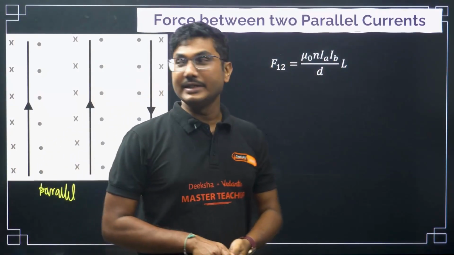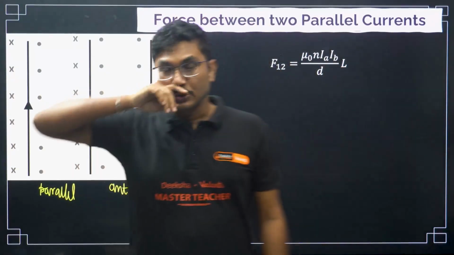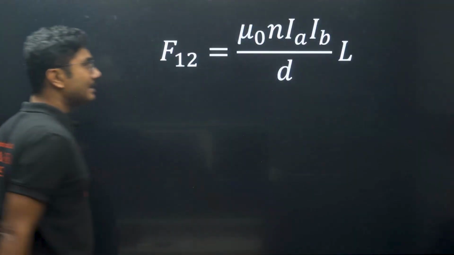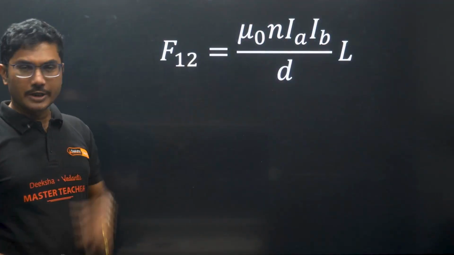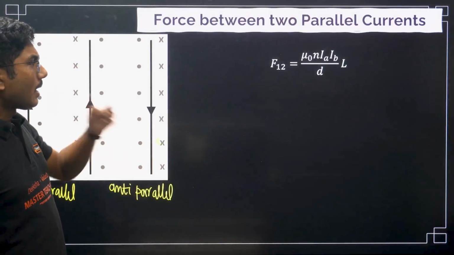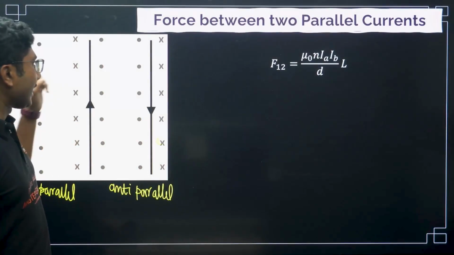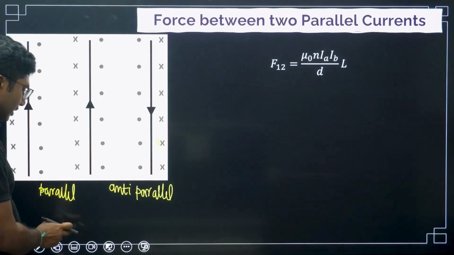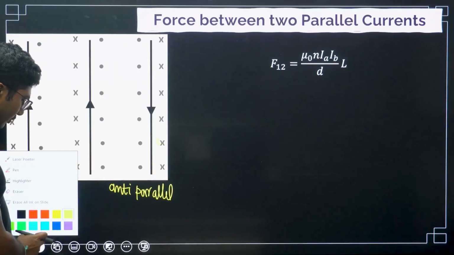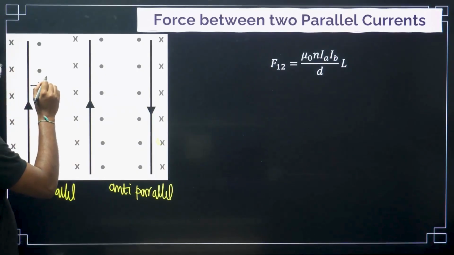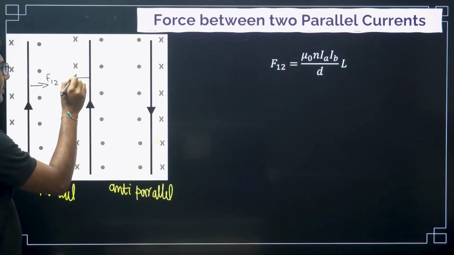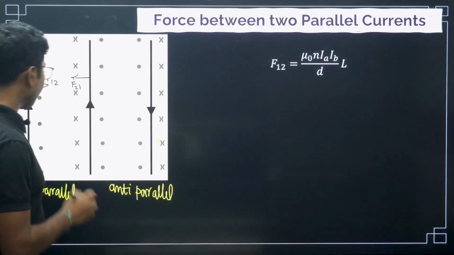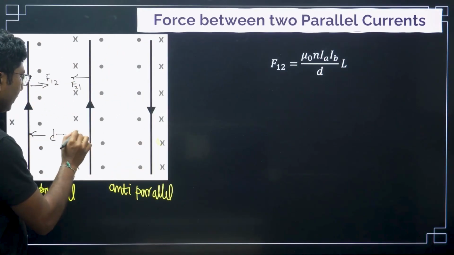Now generally these two wires are very long, so if you take a small portion of the wire of length L, then this is the force due to that portion only. The force between 1 and 2 and 2 and 1 will be the same but opposite. So if the force on one wire is F12, then this will be F21. And d is the distance between the wires.